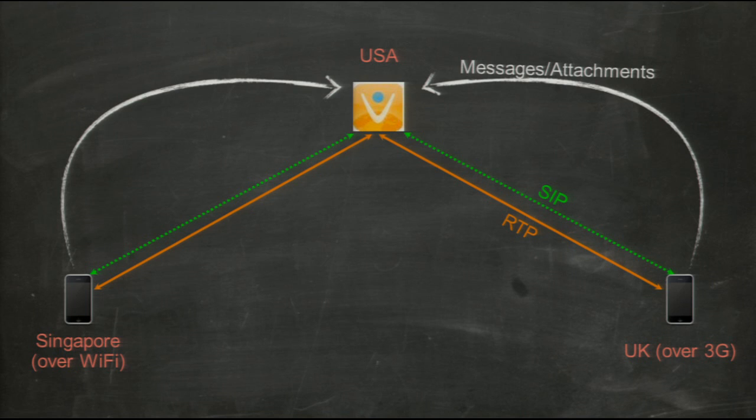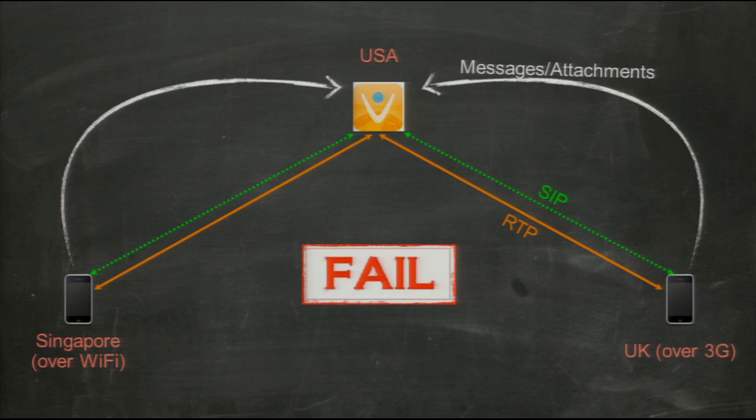And if you think about it, if you try that with many customers, millions of customers, eventually it will fail. And when I say it will fail, some of the calls will not be able to connect. Some of the attachments will take too much time to upload into our data centers and then for the other side to retrieve. And that's really bad user experience.